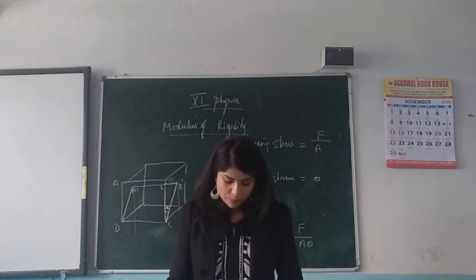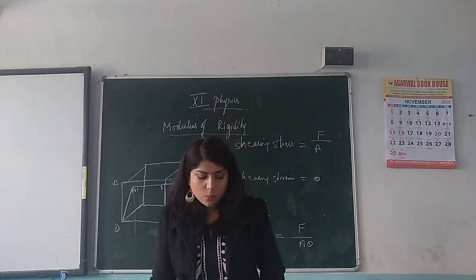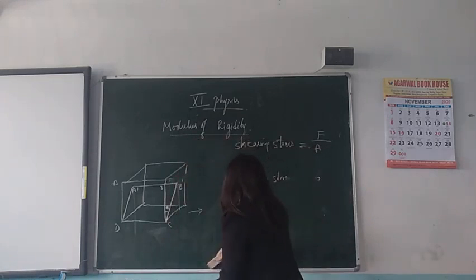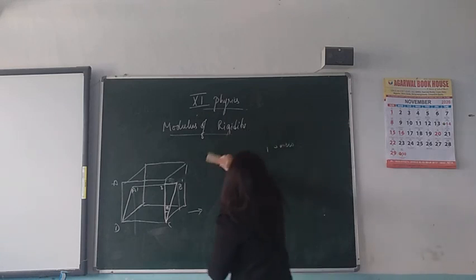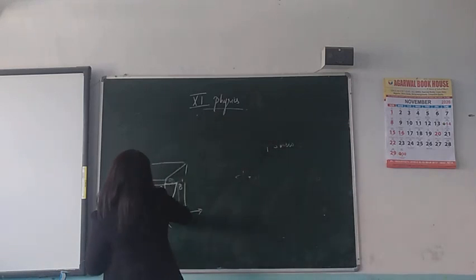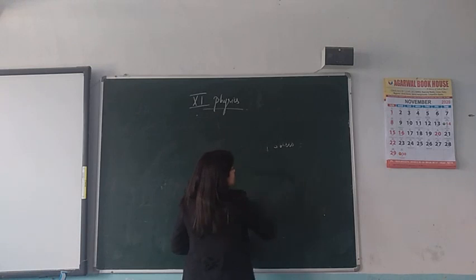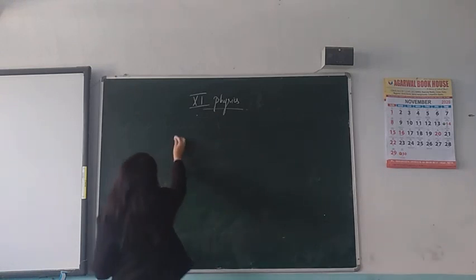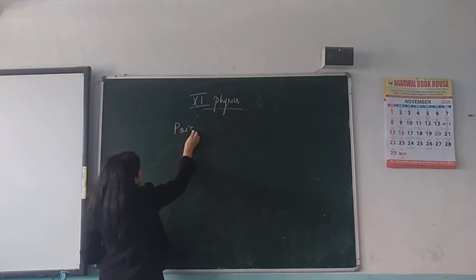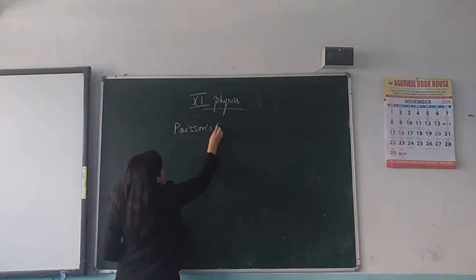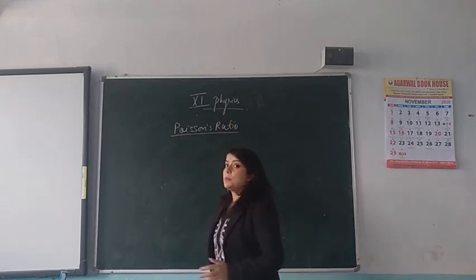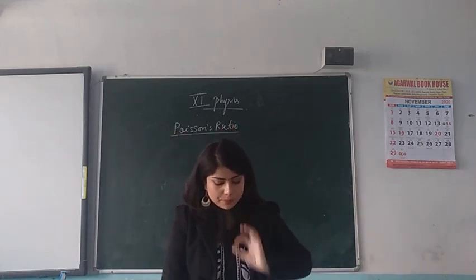Now the last topic which I am going to do for today is Poisson's ratio. It's one of the most important topics from this chapter. Name of the scientist, Poisson.